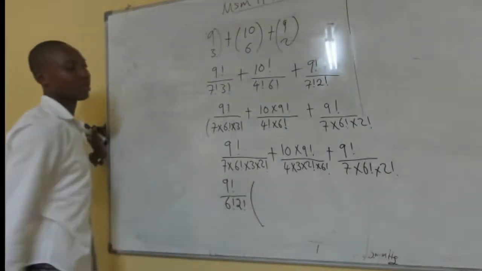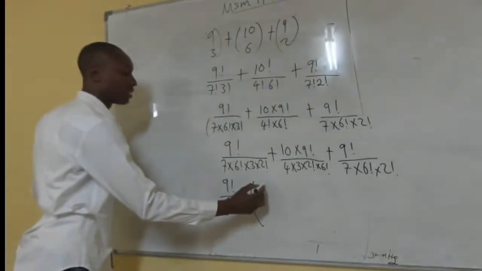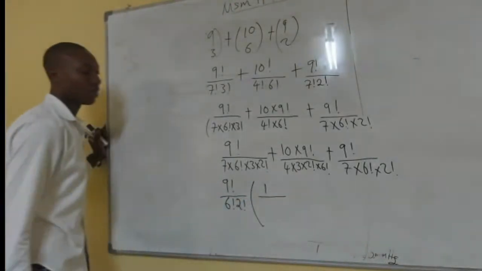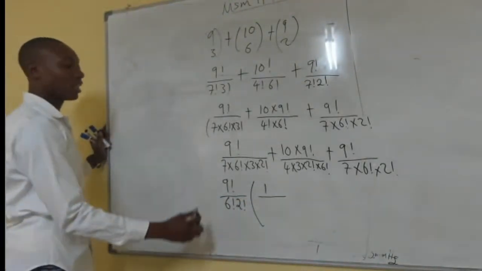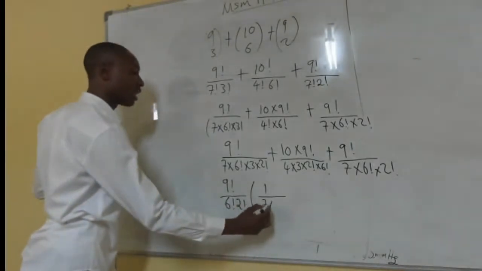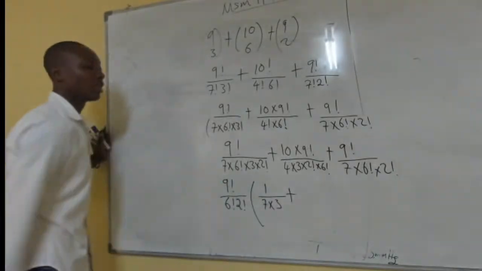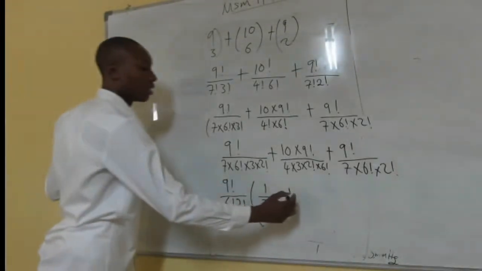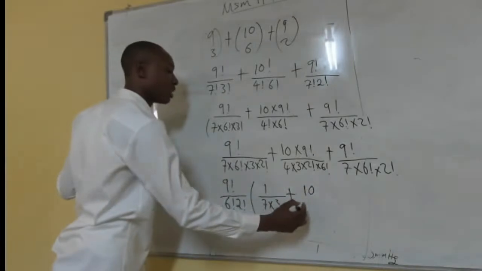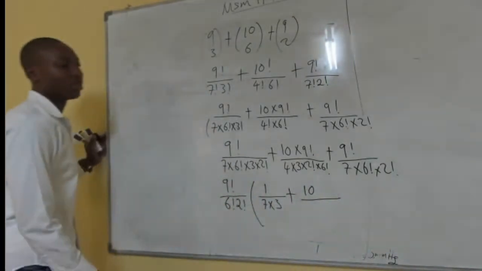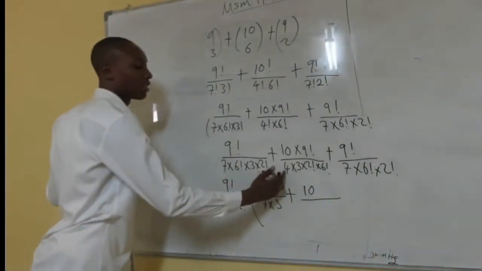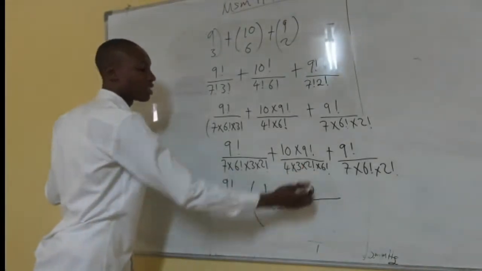What has remained? Here the numerator has remained as 1, and the denominator is 7 times 3. Plus, here the numerator has remained as 10, and the denominator has remained as 4 times 3, because we factored out 2 factorial and 6 factorial.